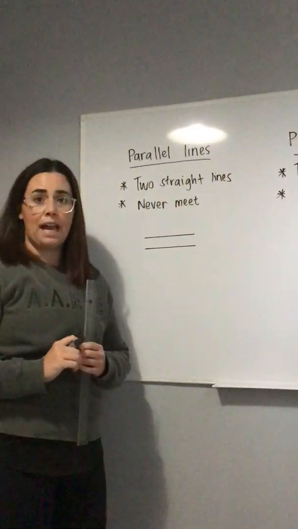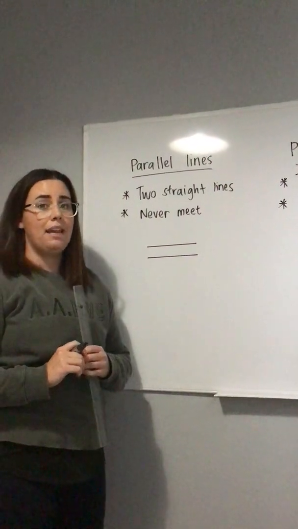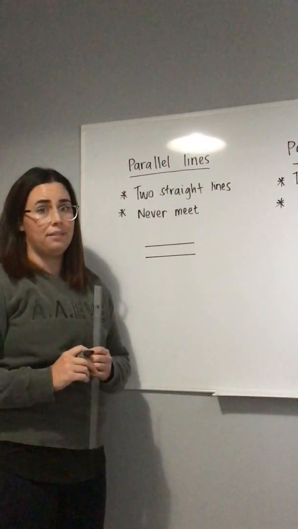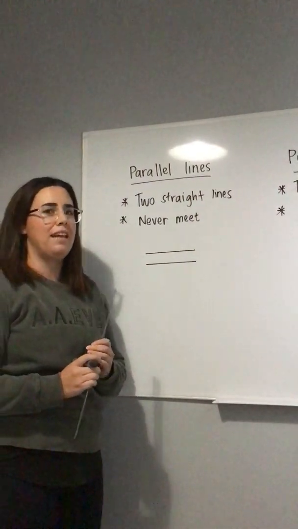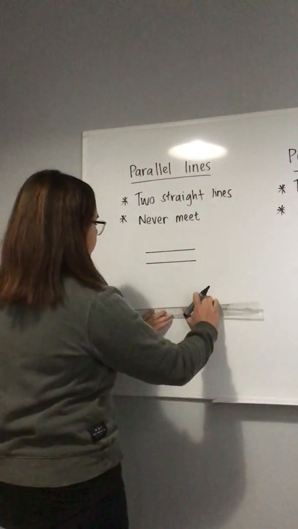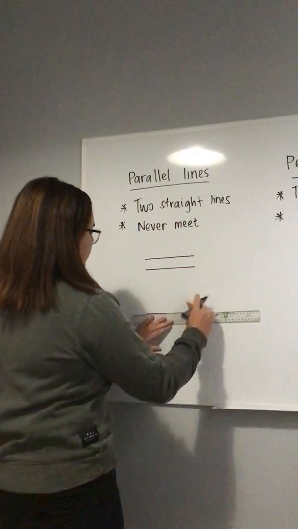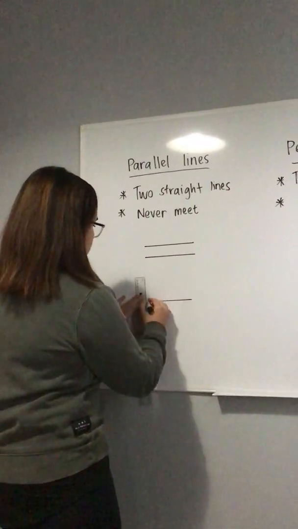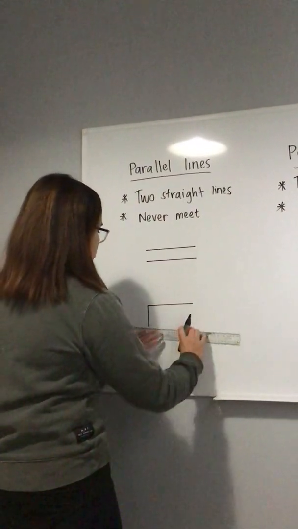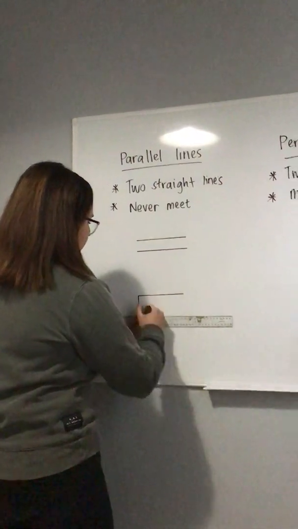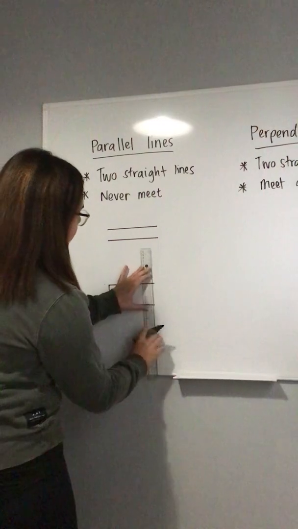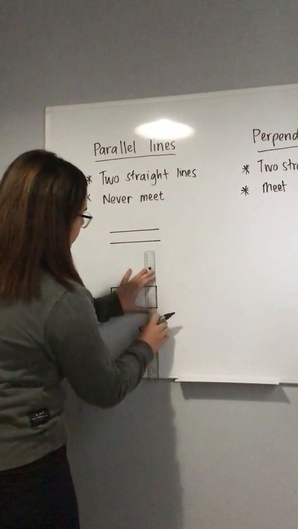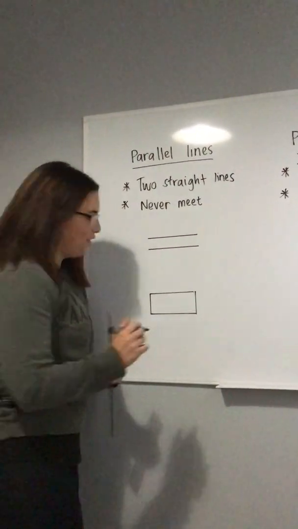Now there's lots of shapes that we can see that have parallel lines. So I'm going to draw a shape and I want you to see if you can think of what it is called. So have a think, what might this shape be called? That's right, it's a rectangle.